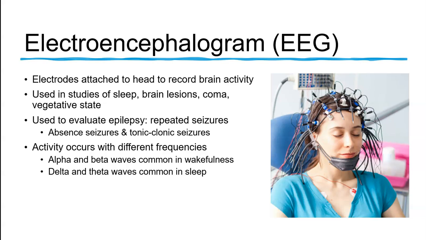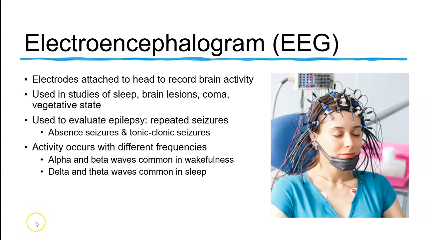With these, you may have a momentary loss of consciousness, or your person may be just staring into space with or without twitching like we commonly think about with seizures. A tonic-clonic seizure is the most common type of generalized seizure, where patients can pass out, have body stiffness, and/or shaking.